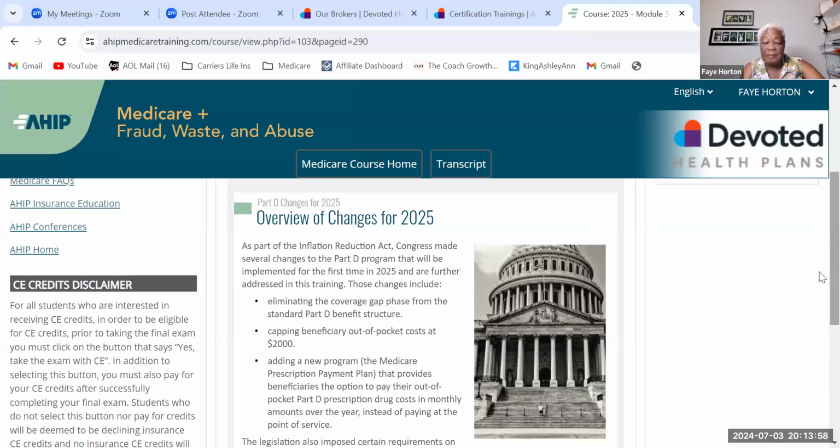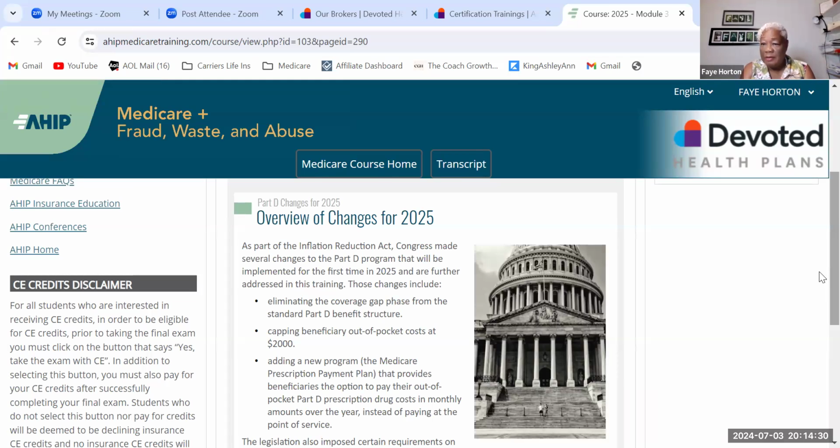They're done. Adding a new program, the Medicare Prescription Payment Plan, that provides beneficiaries the option to pay their out-of-pocket Part D prescription drug costs in monthly amounts over the year instead of paying at the point of service. So those are the 3 changes. Those are the 3 things that you will need to remember that's changed.